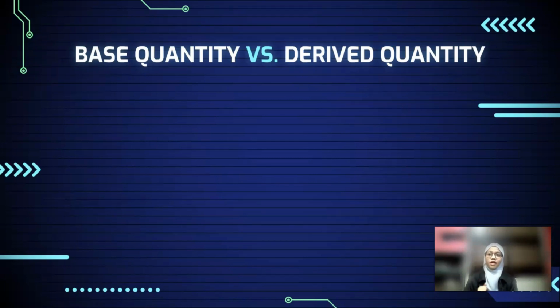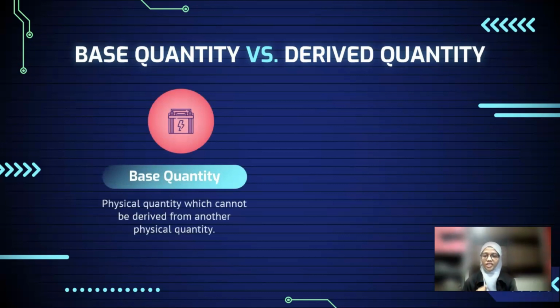Next, we will see about base quantity versus derived quantity. Base quantity is a physical quantity which cannot be derived from another physical quantity. Basically we can get base quantity by using equipment such as a ruler, thermometer, and also stopwatch.